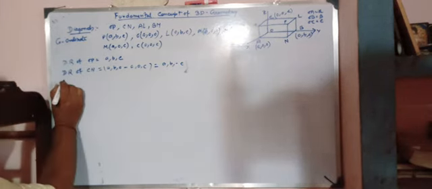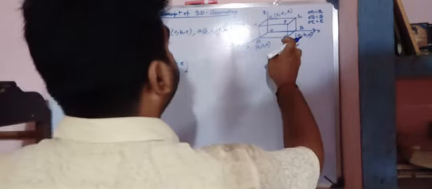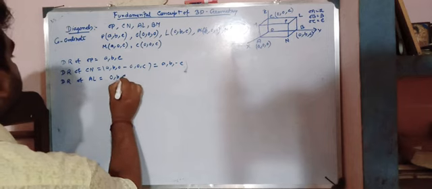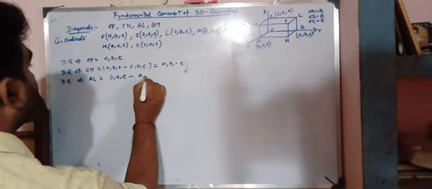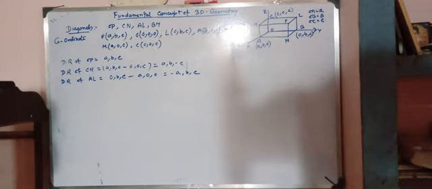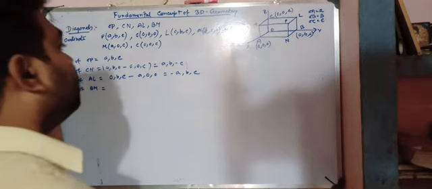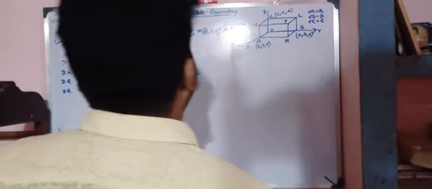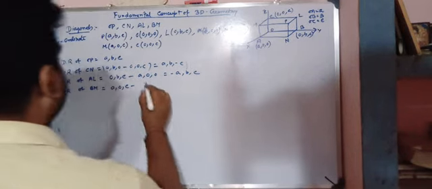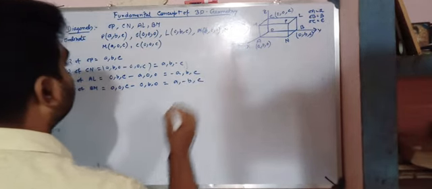Next, direction ratio of AL should be (0, b, c) minus (a, 0, 0), that is (-a, b, c). And direction ratio of BM should be (a, 0, c) minus (0, b, 0), that is (a, -b, c).